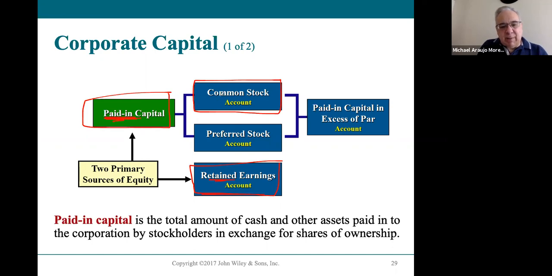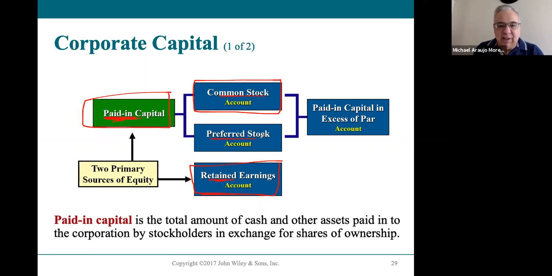In addition to common stock, there's another account called preferred stock. Preferred stock is also stock, also shares of ownership. But the difference is preferred stock has no voting rights. They've given up the rights that were talked about earlier. In exchange for giving up those rights, preferred stockholders get dividends first.